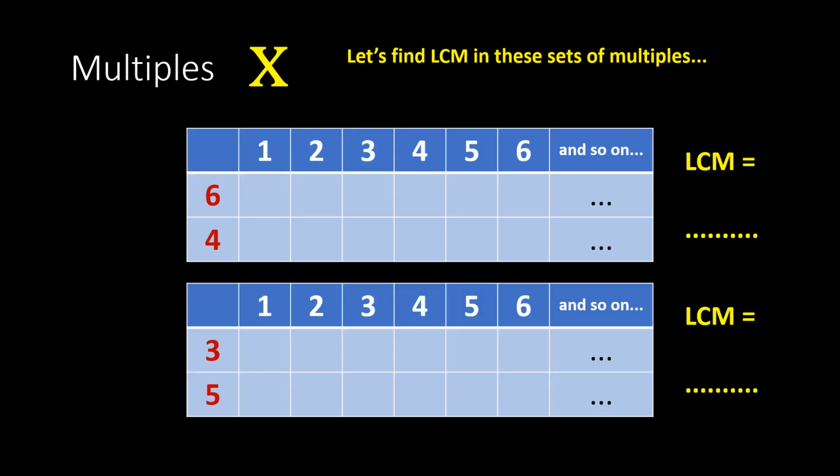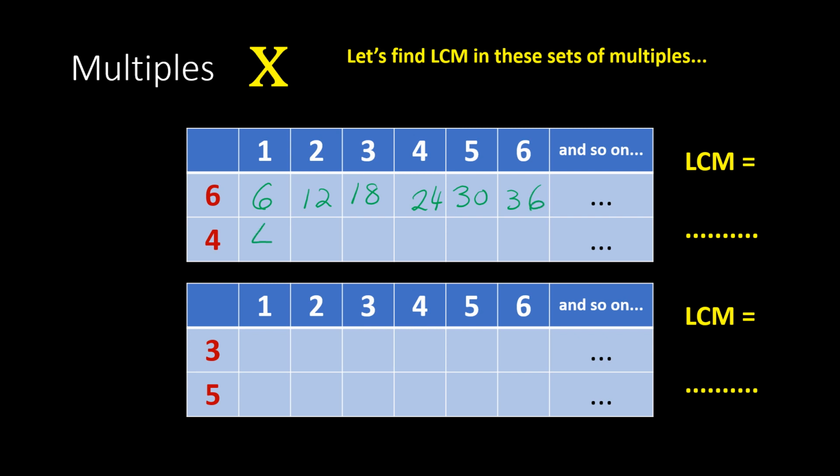Let's practice and find the LCM in this set of numbers. Let's do the first example. So multiples of 6 would be 6, 12, 18, 24, 30, and 36.